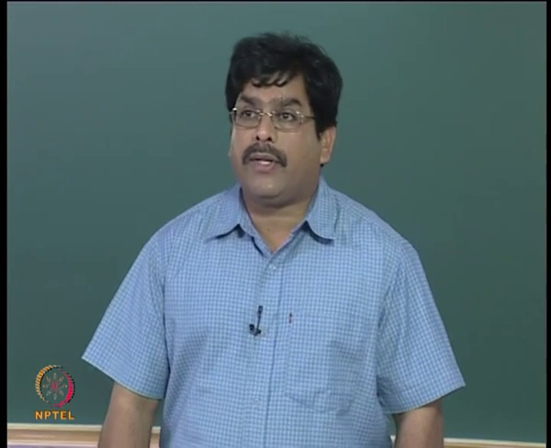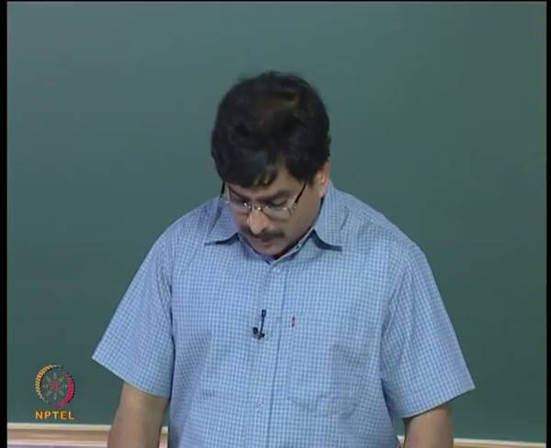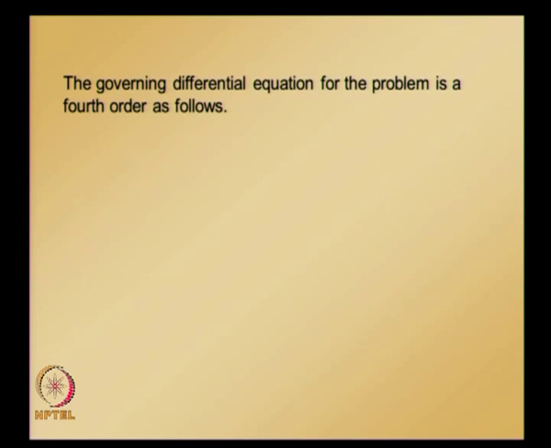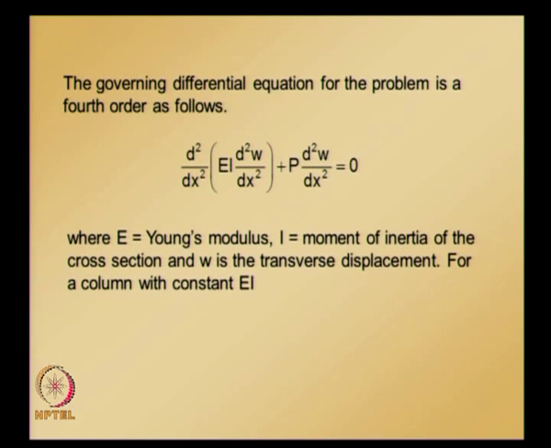So, the governing differential equation for this simply supported column buckling problem is a 4th order differential equation subjected to the boundary conditions. Here E is Young's modulus, I is the moment of inertia of the cross section, and W is the transverse displacement.